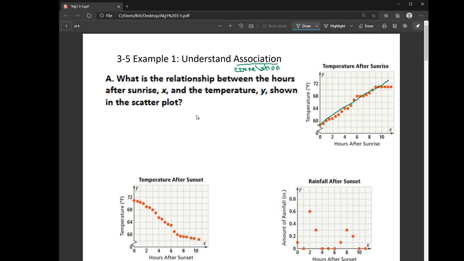So what we do is we call this a positive association, or I can't spell association while I talk apparently, or a positive correlation. And it's positive because the trend line that I've just drew in here is with a positive slope.